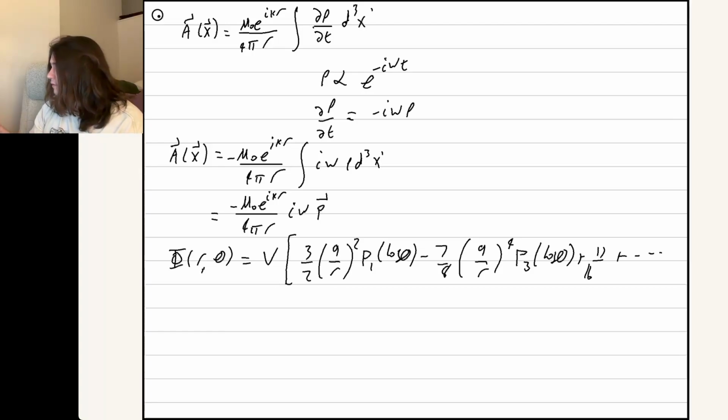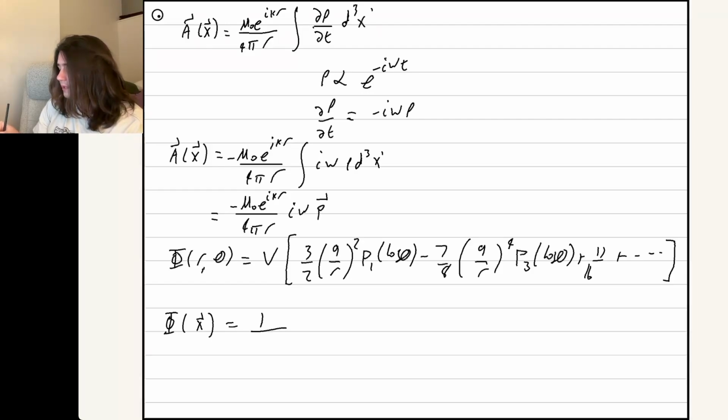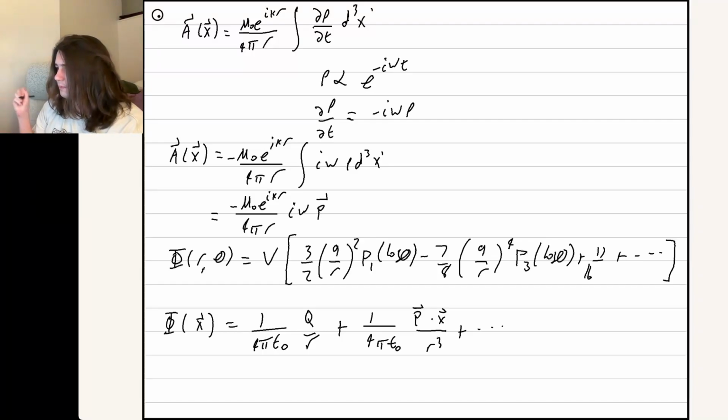That is the expansion of the potential in Legendre polynomials. But also see the multipole expansion of scalar electric potential, where instead of being a function of r and theta, it's a function of x, which is going to be given by 1 over 4 pi epsilon naught q over r is the monopole term, and then the dipole term, and then the multipole terms, which I don't really care about right now.